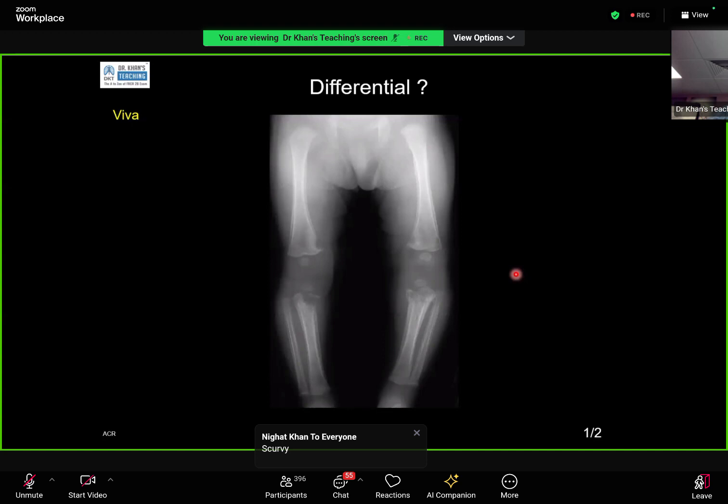So scurvy: because the epiphysis has that Wimberger ring sign, I'll keep my differentials of scurvy as well, and this periosteal reaction might represent subperiosteal hematoma.